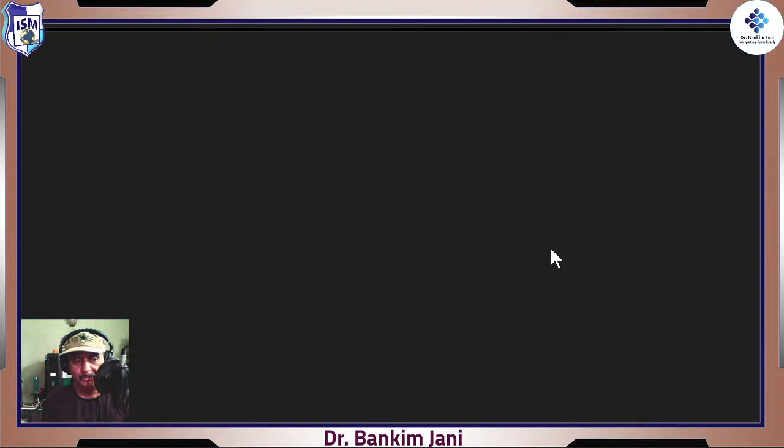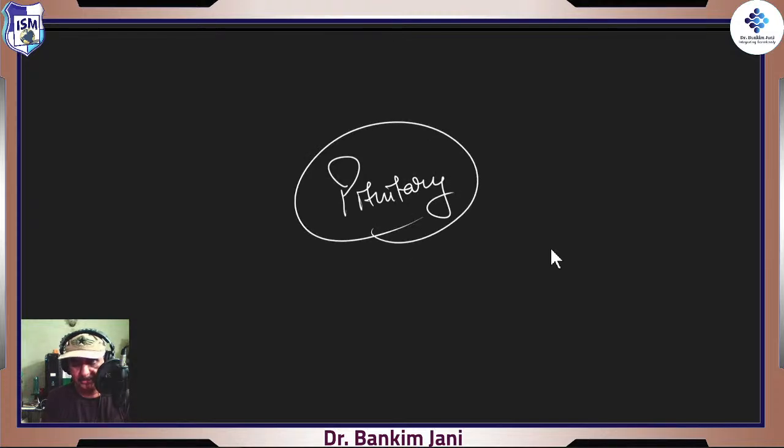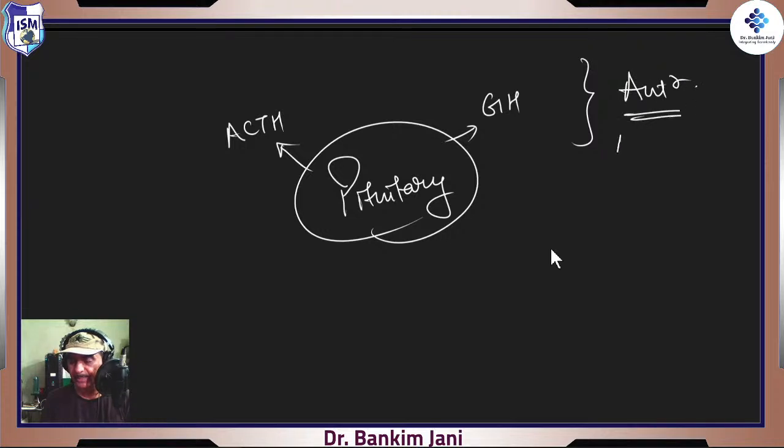So now we have come to that point when we were dealing with, say, the pituitary, right? Say there is ACTH and the growth hormone, right? This is for the anterior part, that is the adeno part, A for A, adeno part.